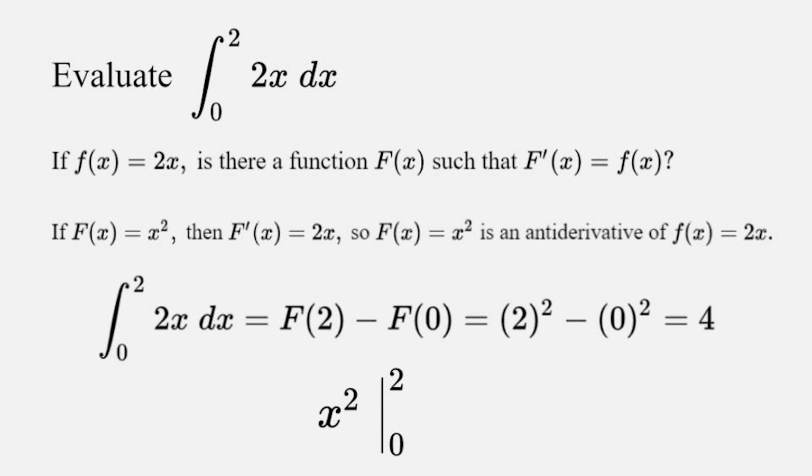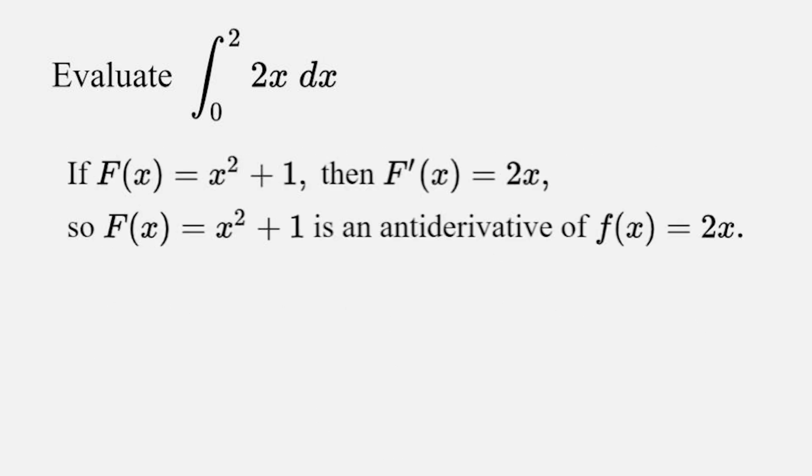Now, one thing you might have noticed in this problem is that I used the phrasing an antiderivative. I didn't say the antiderivative, because there will often be, well, there always will be more than one antiderivative. Say for my antiderivative, instead of x squared, I'd chosen x squared plus 1. If I take the derivative of x squared plus 1, I get 2x, and so x squared plus 1 is an antiderivative of 2x.